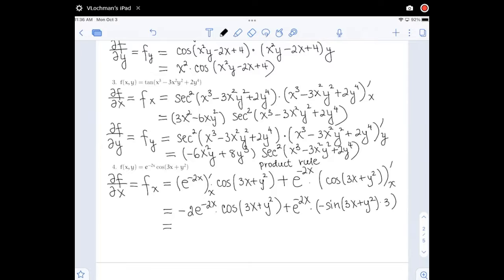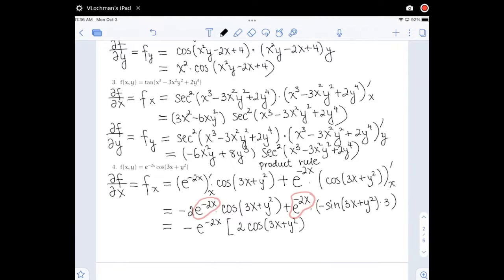Let's see. What can I factor? I can factor this, right? Okay, and I can actually factor negative of that. So negative e to the negative 2x. Okay, so then I get 2 cosine 3x plus y squared.